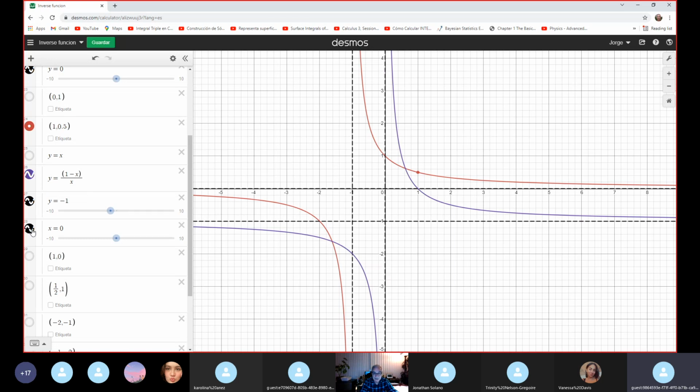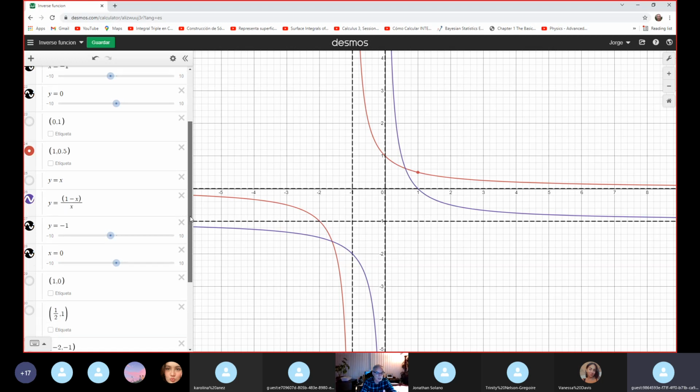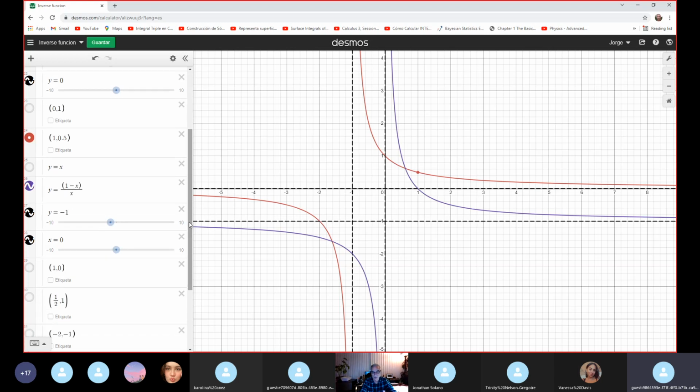Notice it's not a coincidence, the same values. In the original, x is equal to -1, and in the inverse, y is equal to -1. In the original, y equals 0, and in the inverse, x equals 0.